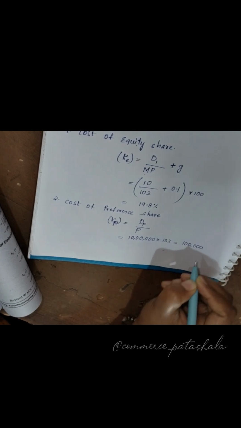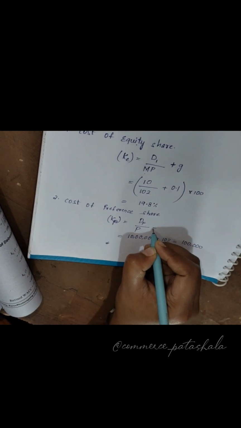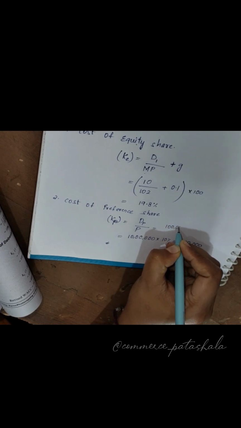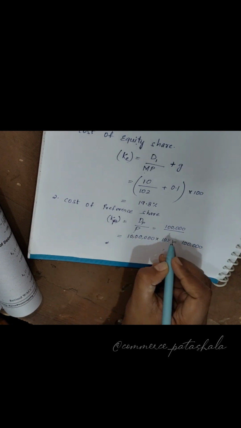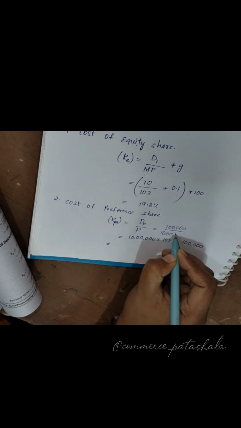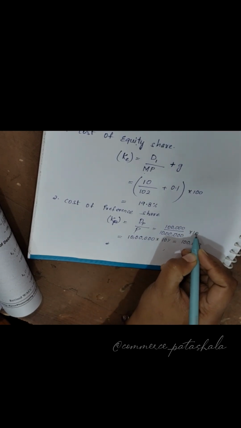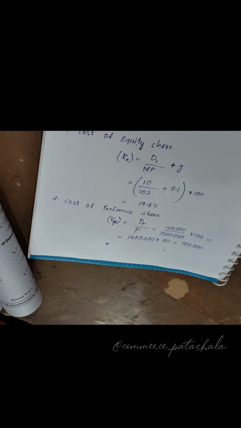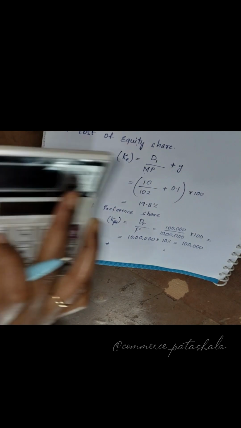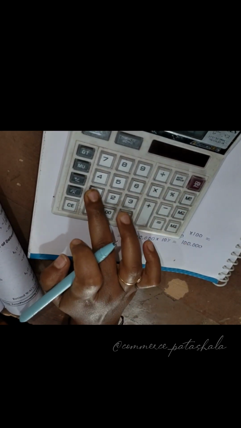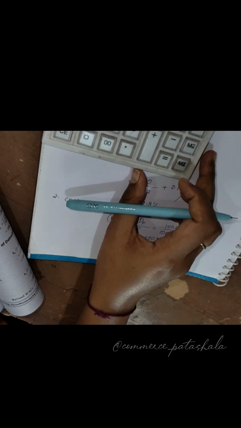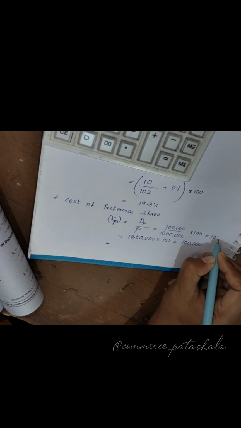This is the dividend amount. So substitute: 1 lakh, the dividend amount, divided by the preference capital, 10 lakh, into 100. You'll get the cost of preference share being 10%.